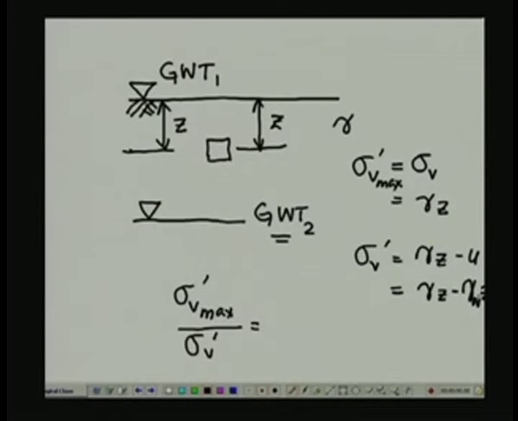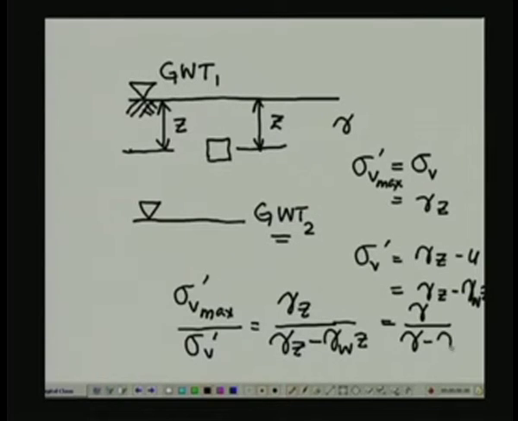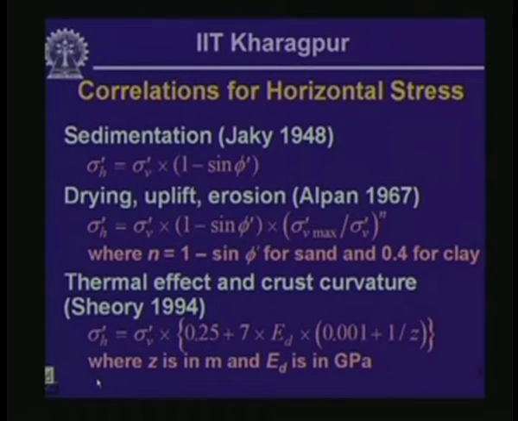So this is going to be equal to gamma Z divided by gamma Z minus gamma W Z. So that is equal to, after simplification, gamma by gamma minus gamma W. So that is how a soil can become over consolidated.